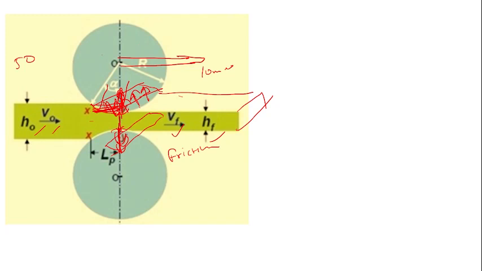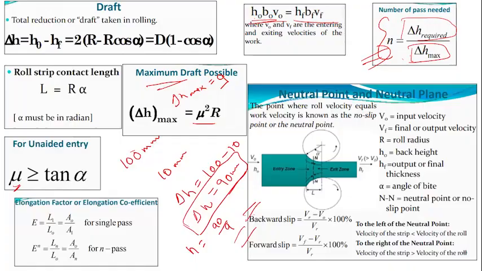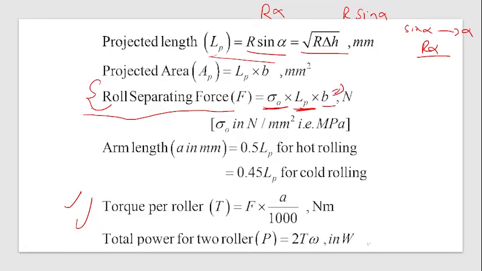When you put one arm, then with that arm you measure how much displacement is happening, and with that you will get the torque happening in your roller. So this arm length is actually that arm only. The formula you should remember, and how much arm length we take for hot rolling and cold rolling, that also you need to know.